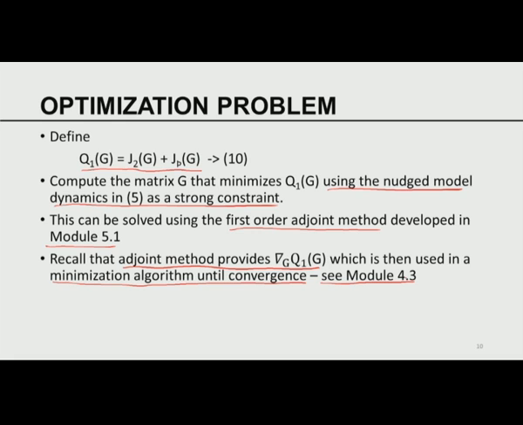An interested reader can simply apply the methods and derive the expression for the gradient. So this was the theme of people who wanted to be able to estimate G optimally using a 4D-Var like method.